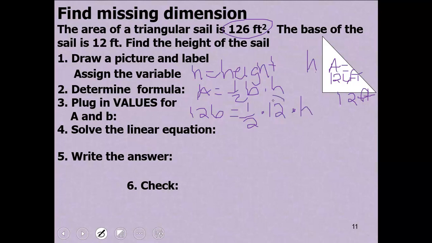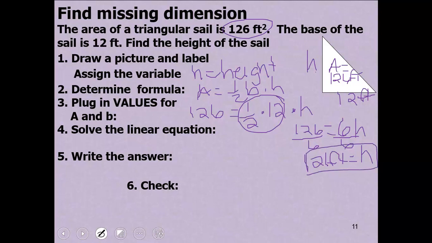I'm going to take care of this first. So I get 126 is equal to half of 12 is 6h, and then I'm going to divide by 6. And I get 21 feet is equal to h. So the height is 21 feet.